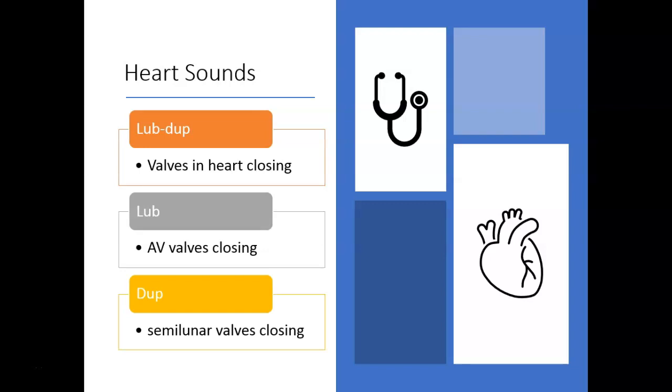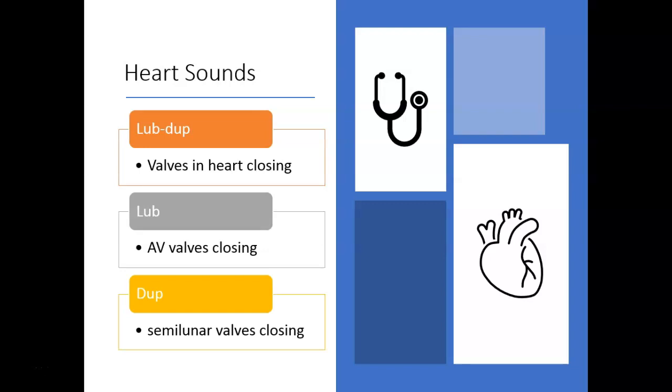Due to that increased pressure in those arteries, as well as just gravity, some of that blood falls back down onto those closed semilunar valves, and you get the much sharper dup sound. So lub-dup, lub-dup, lub-dup.